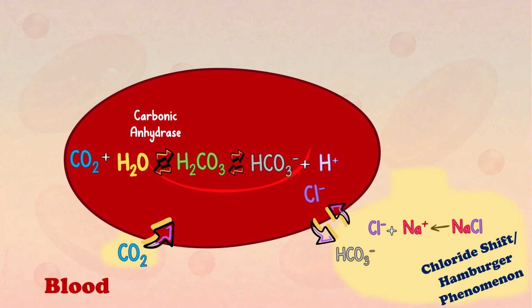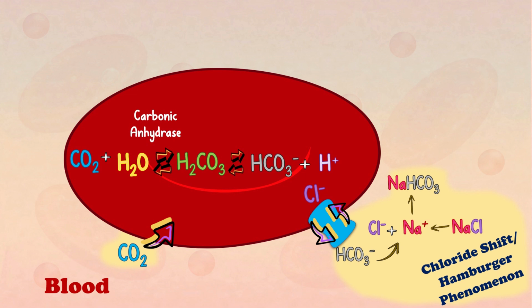Well, this diffusion across the membrane of red blood cells is made possible by the presence of a special bicarbonate-chloride carrier protein in the red blood cell membrane that shuttles these two ions in opposite directions at rapid velocities. Bicarbonate ions combine with sodium ions in the plasma and form sodium bicarbonate.